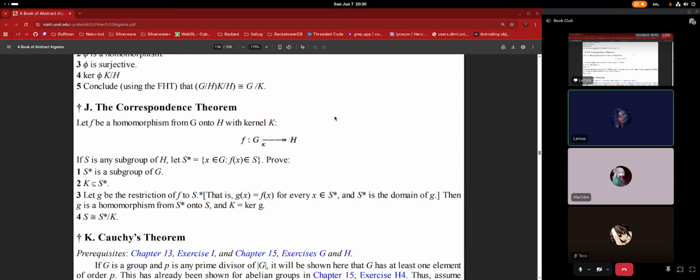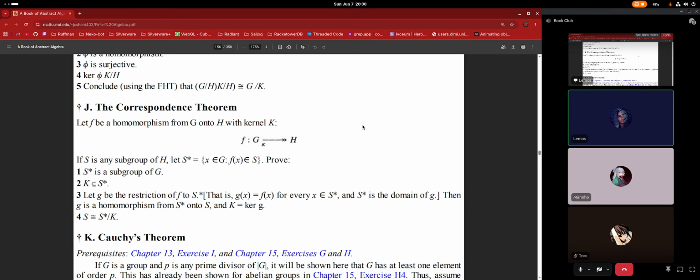Could you repeat that first sentence? Okay, S star is all the elements in G that, if you apply F to them, give you an element of S, which is a subgroup of H. Yes.